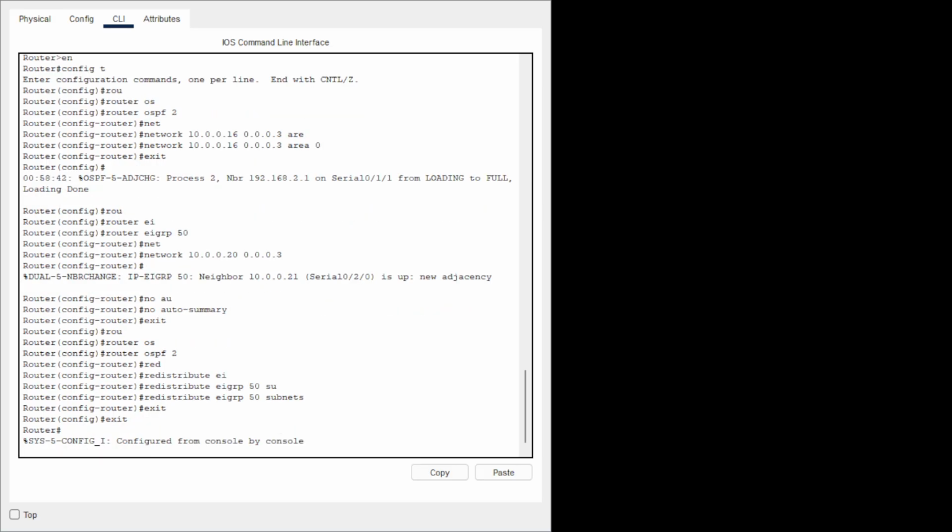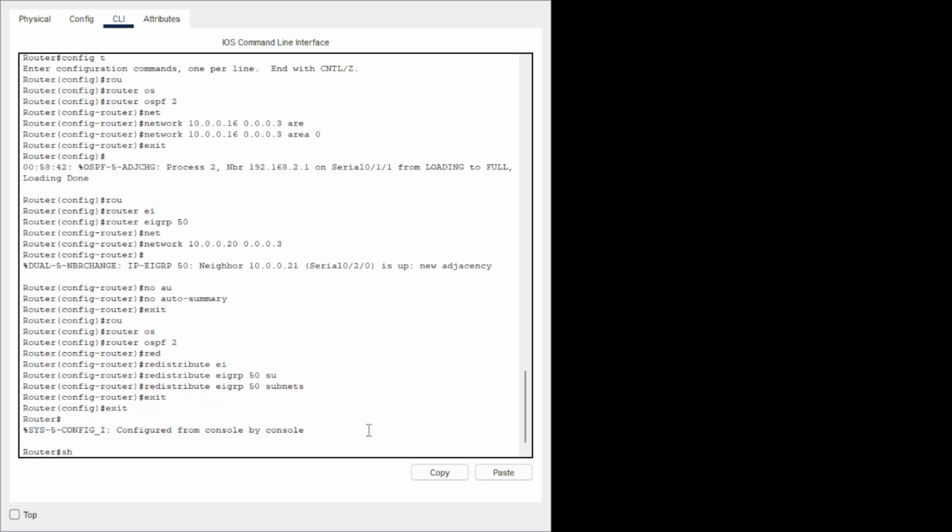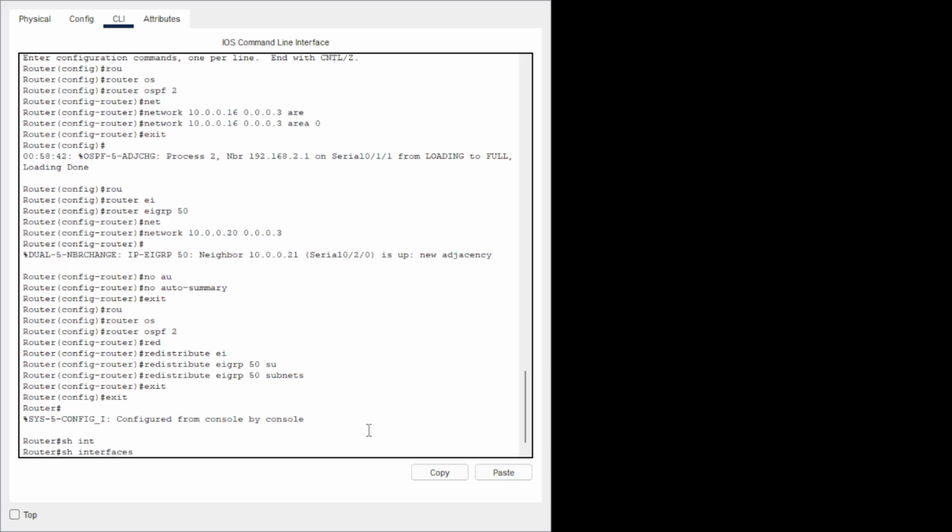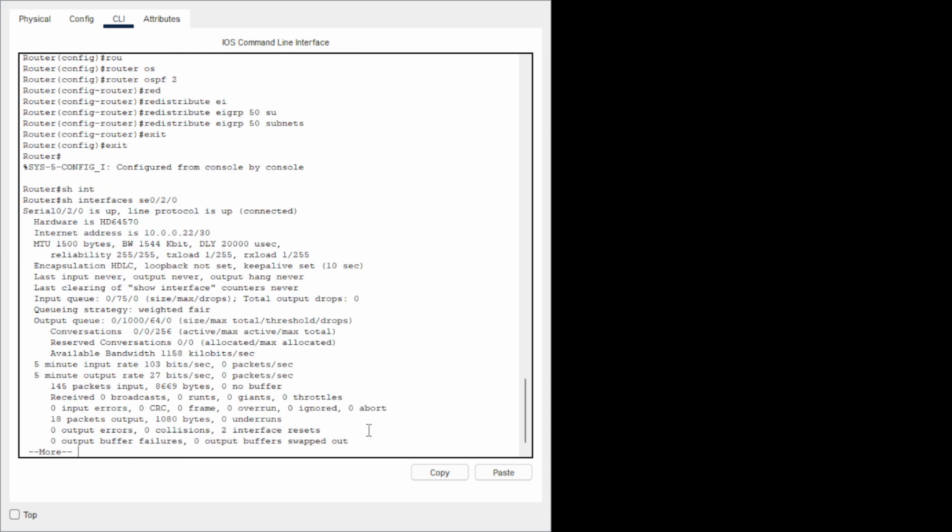And for the EIGRP part which is connected to our serial port 0/2/0, its bandwidth will be the same 1544, but still let's see: 0/2/0, 1544.